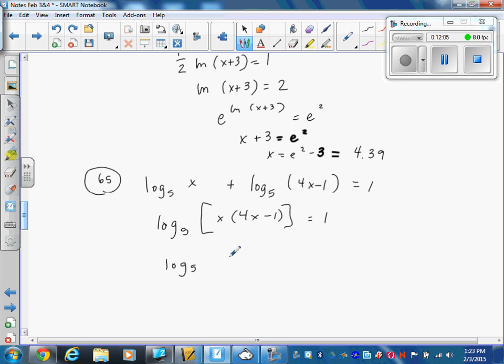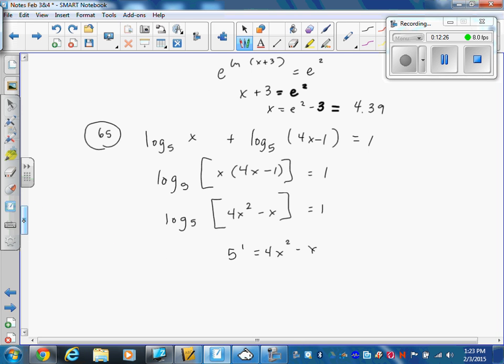So we're dealing with one thing. So this is 4x squared minus x. So now I'm ready to use the log property. So 5 to the first equals 4x squared minus x. And because that can be simplified, 5 to the first power is 5. This is 4x squared minus x minus 5.